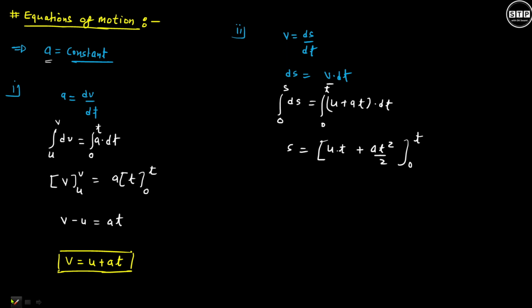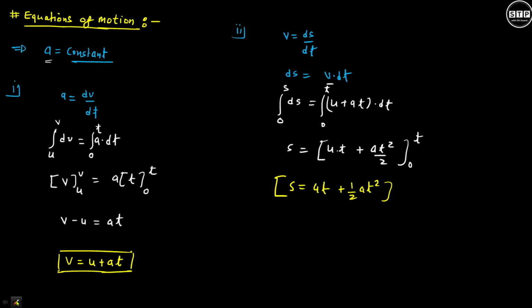If we substitute the values, we get the second equation of motion: s is equal to ut plus half at square, right? This is the second equation of motion.